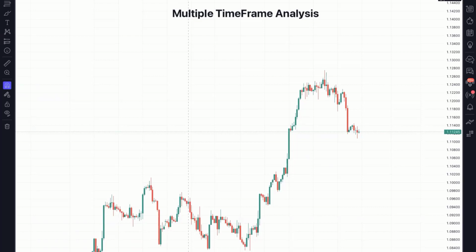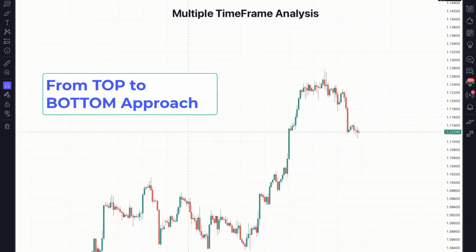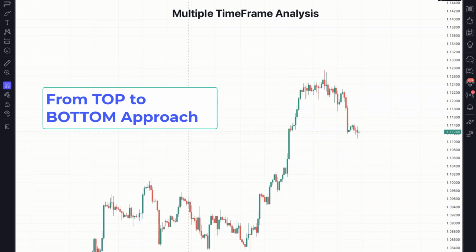When the plane is about to land, the closer it comes to the ground, the more you see details of the buildings around, more clearly. That is the strategy that we're going to deploy using multiple time frame analysis, from top to bottom approach.